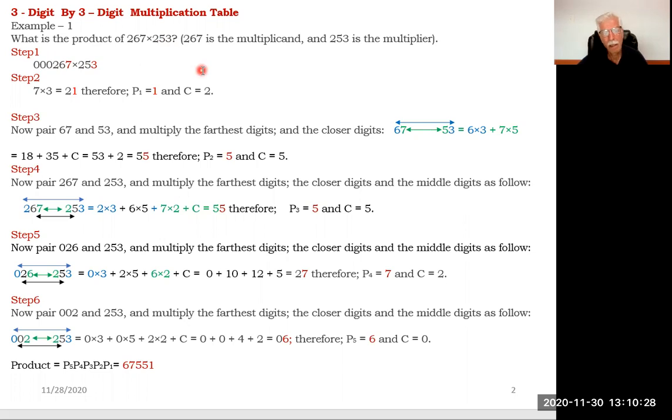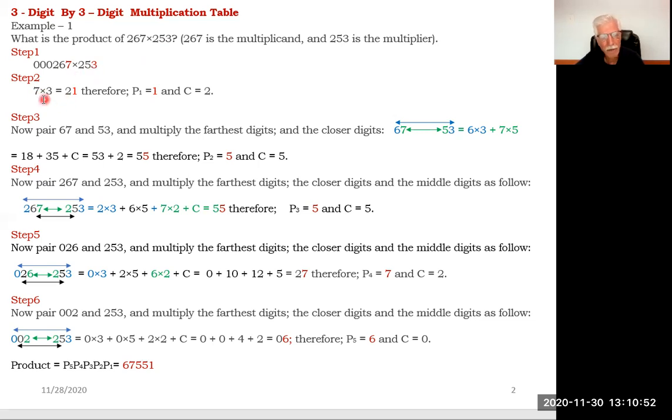Now, to obtain the first digit of the product from the right-hand side, that is called the least significant digit, we multiply the first digit from the right-hand side of the multiplicand and the first digit of the multiplier from the right-hand side.